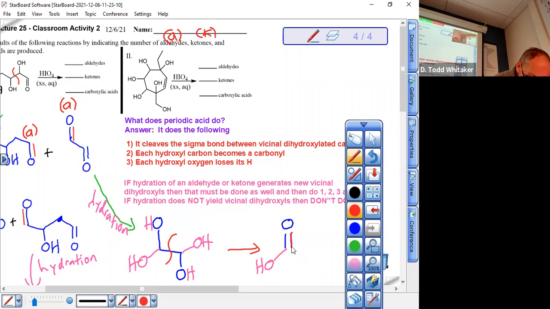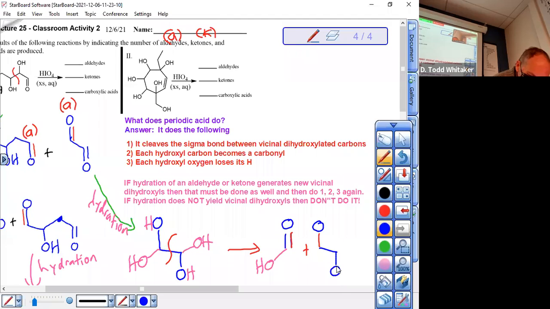Here's the new pi. Here's the new pi. OH. And don't forget you had an old sigma there. Is that right? Oh, I got too many carbons now. So, that's it. OH there.